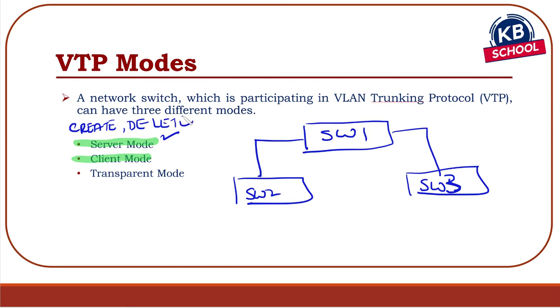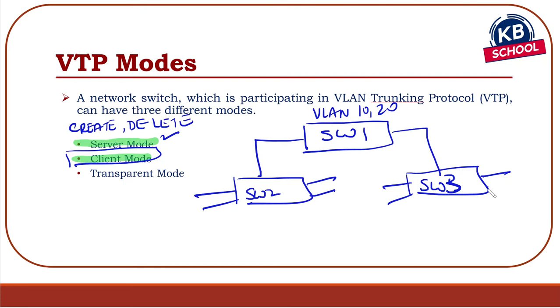This is the switch that is going to act as your management switch. These switches, let's say switch 2 and switch 3, I don't want them to do any of the creation. So all the creations will be done over here. They will automatically be created on switch 2 and switch 3. Once the VLANs are propagated, I still need to go to the ports on switch 2 and switch 3 and assign the ports to the VLAN.